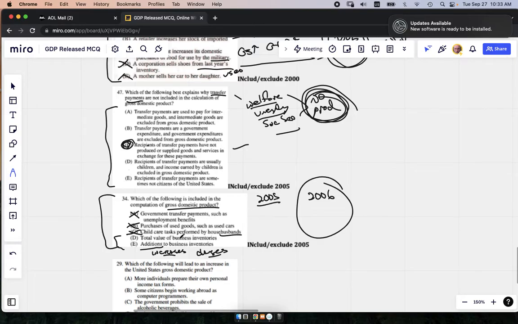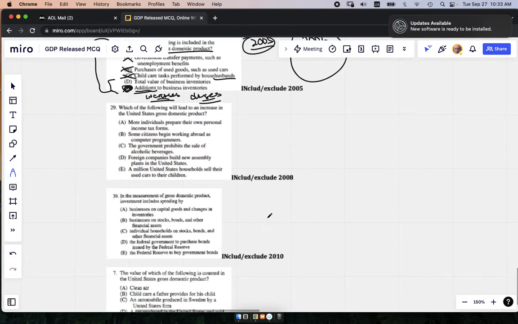So it can't be total values of business inventories, because some of those goods were produced in 2005. That's a very tricky question. We're looking for additions, increases, and changes for inventories. Therefore, that flows into investment. Anyway, that's a very tricky question. I don't like it. 29.